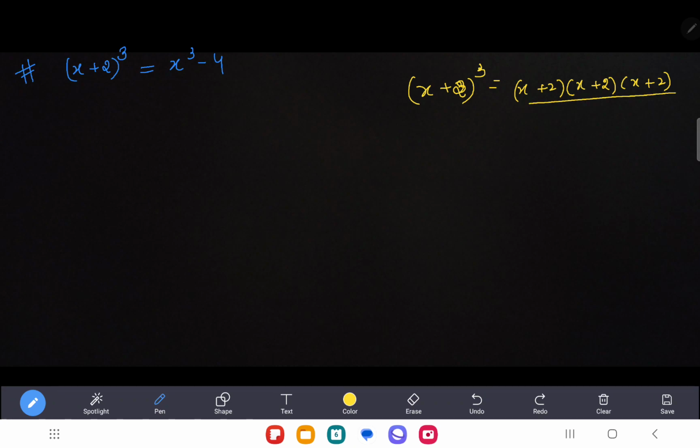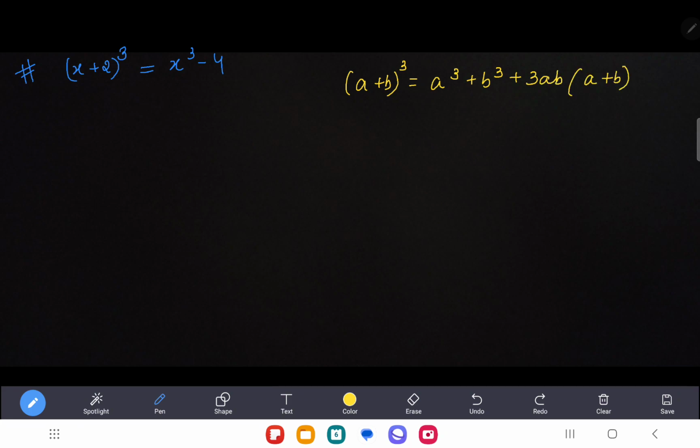So when I multiply, let me calculate. There is a certain method of applying the identity as well. If you're not aware of the identity, we can do that. Are you aware of the identity? So we're going to elaborate the a plus b whole cube identity. We will have a cube plus b cube plus 3ab into a plus b, isn't it?